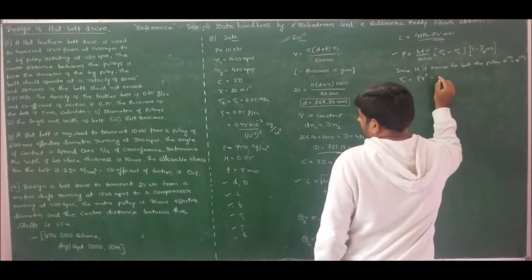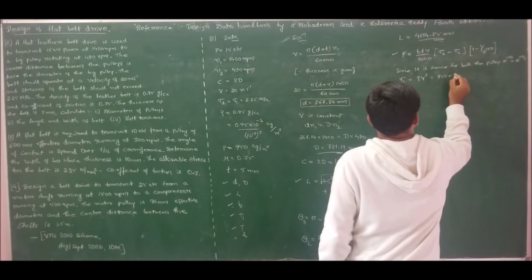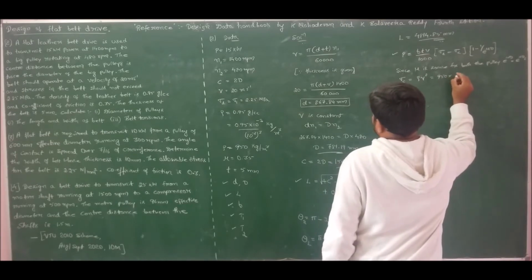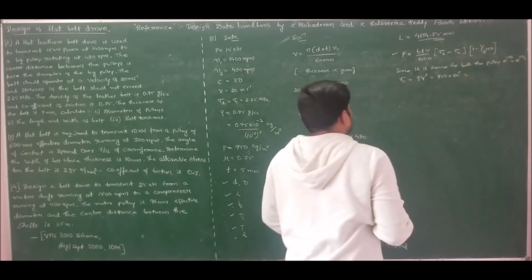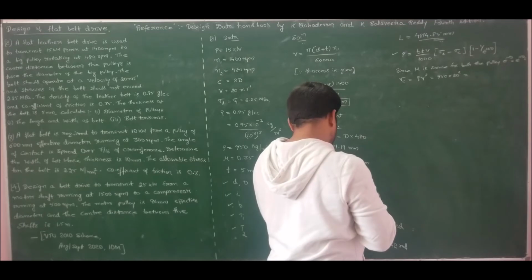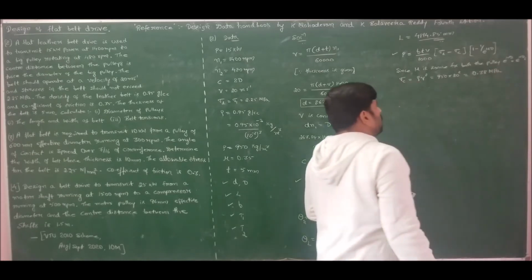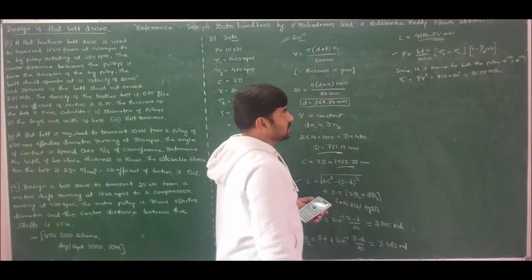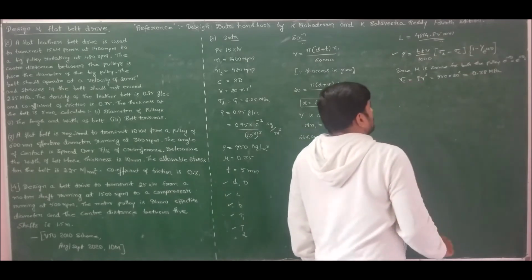The density is specified as 950 kg per meter cube and velocity is 20 meters per second. So if I solve, I will get the answer as 0.38 into 10 to the power of 6 pascals, which can be treated as 0.38 megapascals.